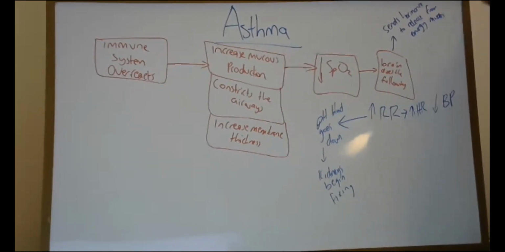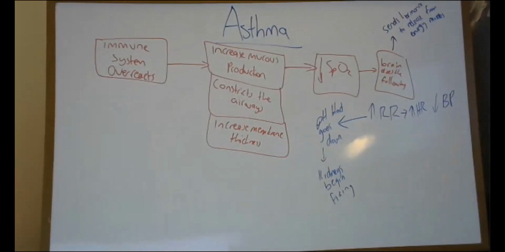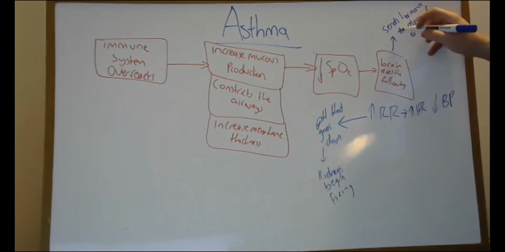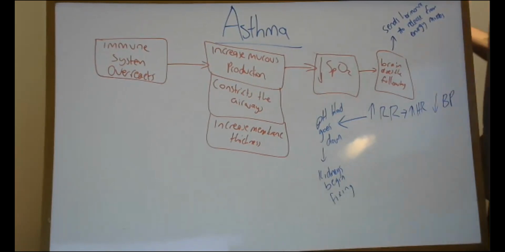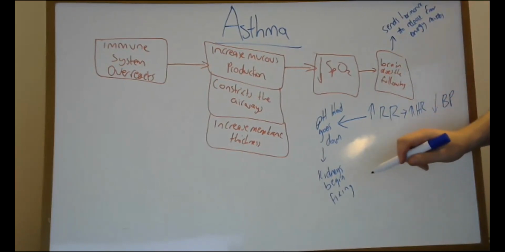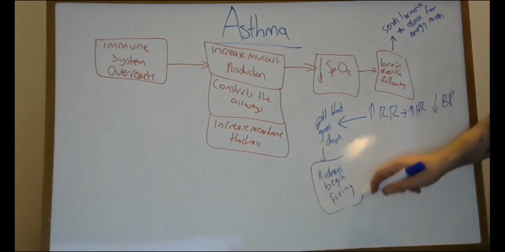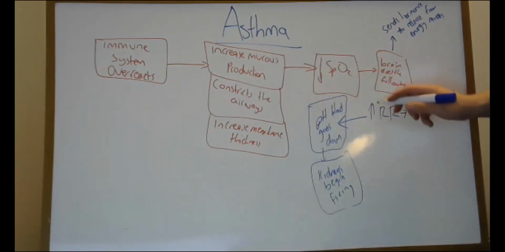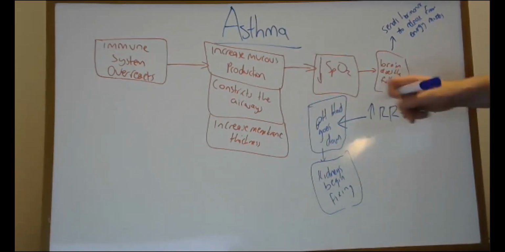So now we've got another system involved. Kidneys begin fixing, for lack of a better term, the pH in the blood going down while the respiratory rate goes up. So how many systems have we got now?